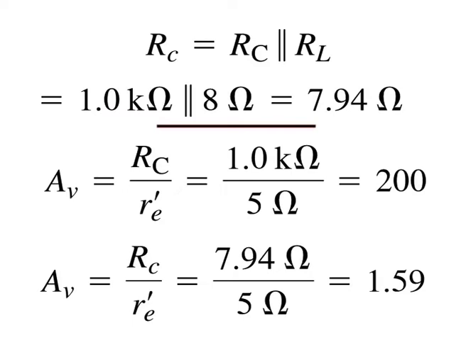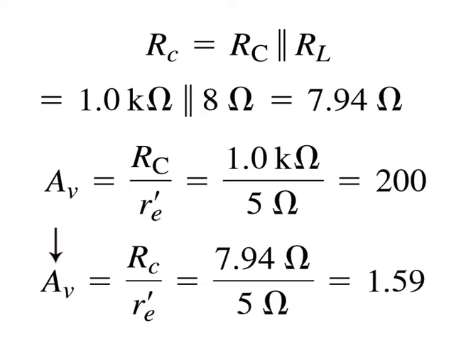For example, if re is equal to 5 ohms, the voltage gain is reduced from 200 with no load to 1.59 with an 8 ohm speaker load, as shown by these calculations. With no load, Av is equal to Rc over re, which is 1 kilo ohm divided by 5 ohms, and it comes out to be 200.